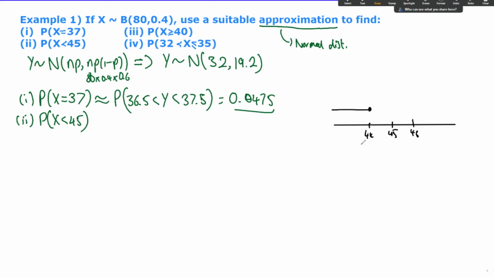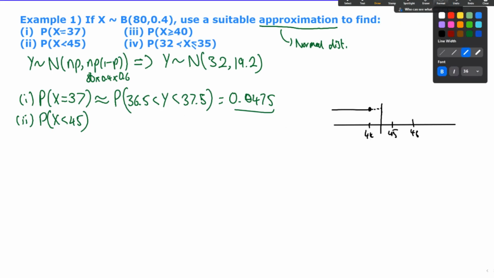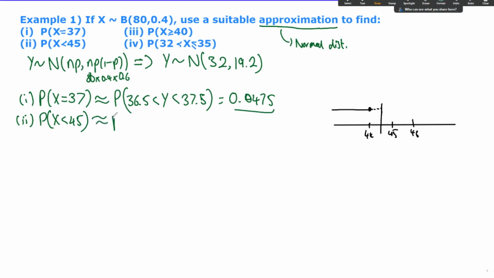And what we want to do is include everything that rounds to 44 as well. So we're already including this bit, but we also need to include this bit here to 44.5. So what we get for a normal variable is a probability of x being less than 44.5. Or, my bad, y, because we're using the normal variable. It's very easy to make labeling mistakes like that, so be careful.